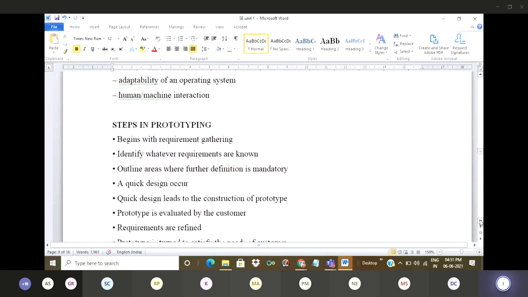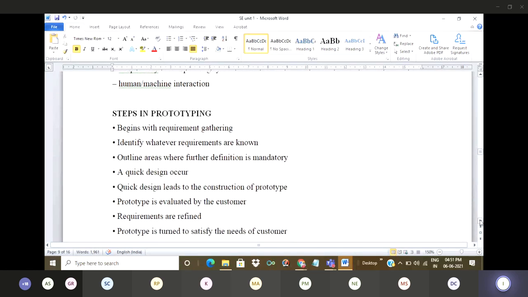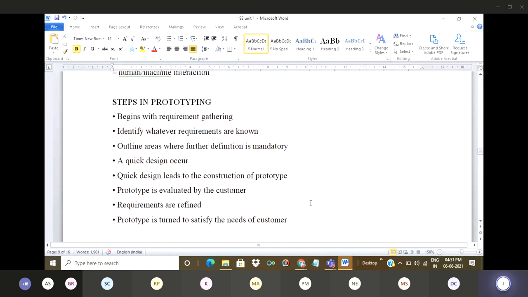So what are the steps we have to follow in prototyping? One is we have to begin with requirement gathering. First, we have to gather information from the customer. Second, identify whatever requirements are known. Known requirements means objectives and goals must be there in your project, and outline areas where further definition is mandatory.